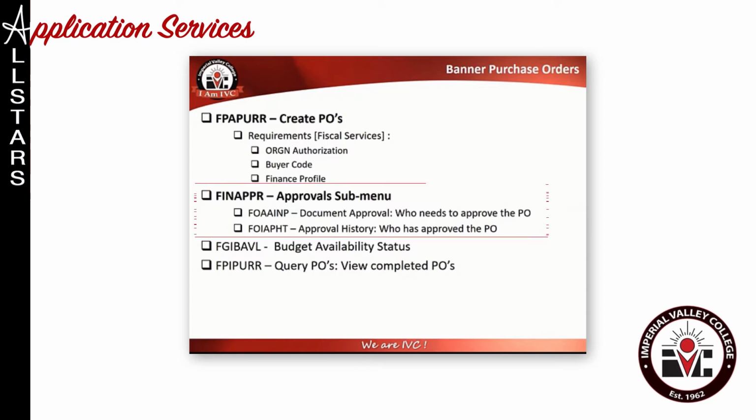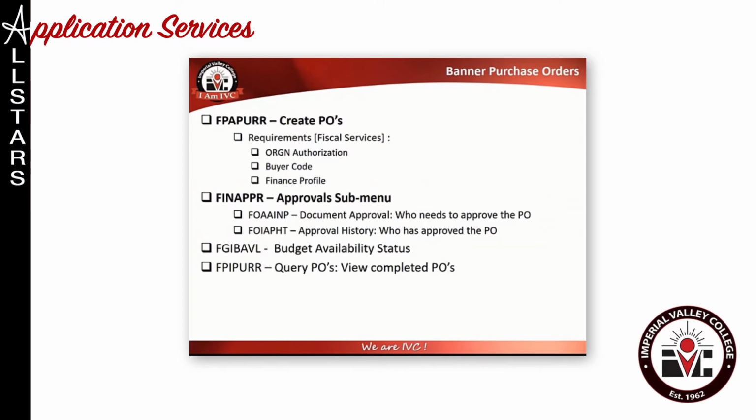Also, we've seen the approvals. Every document, by document I mean POs, vouchers, etc., is routed to the approval process. So your supervisors, or other people, need to authorize the POs so they can go through the system. Of course, to create a PO, you need available funds.